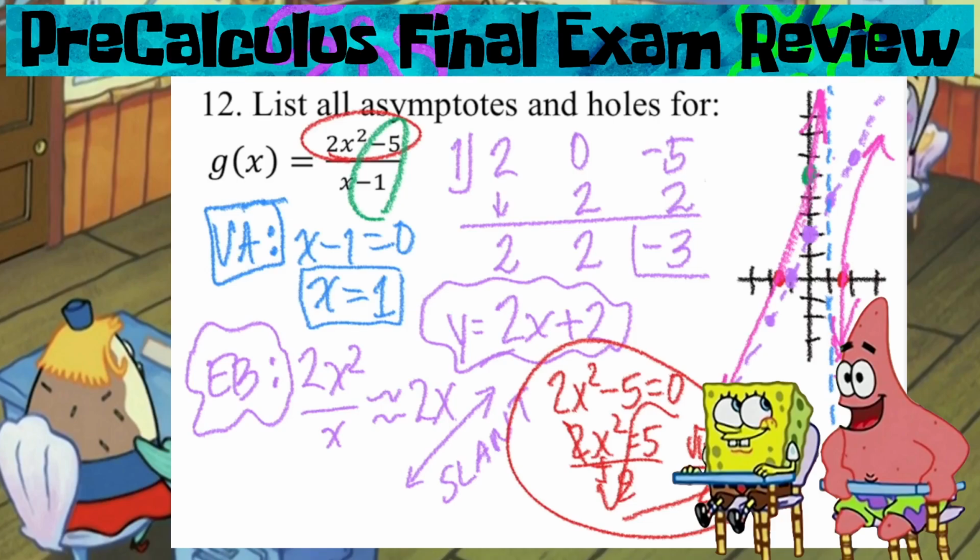Read through it again. But really, what did this want for an answer? Asymptotes: we have our vertical asymptote, x equals 1. Our end behavior is a slant asymptote. The real one is there. Now, what is 2x good for when you're doing limits at infinity? Good enough, because we don't need to be specific. We're not near 0. We're at infinity and negative infinity. What do I care about that plus 2? It's nothing to me when I'm at infinity.